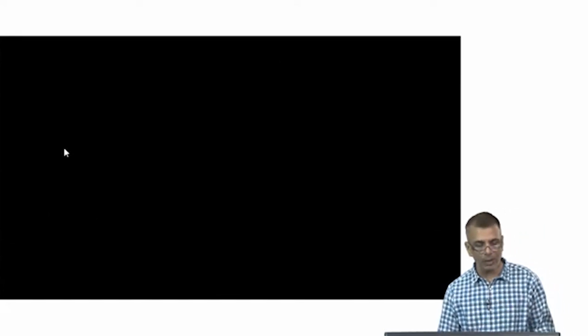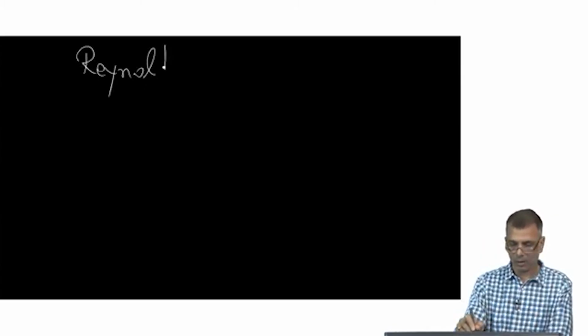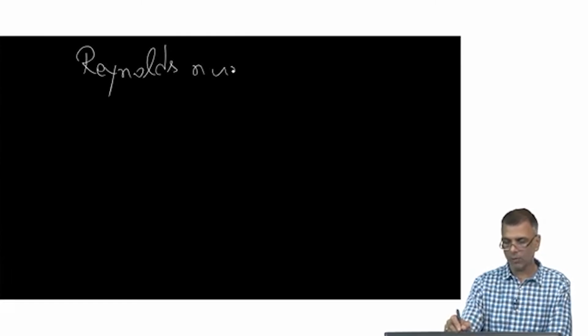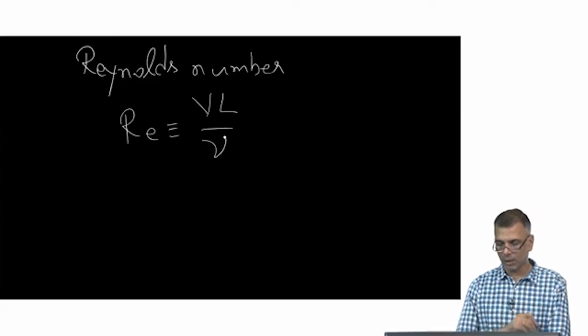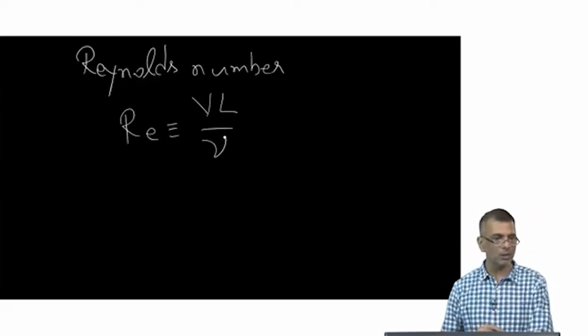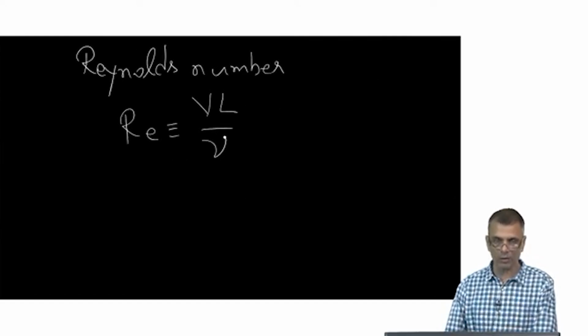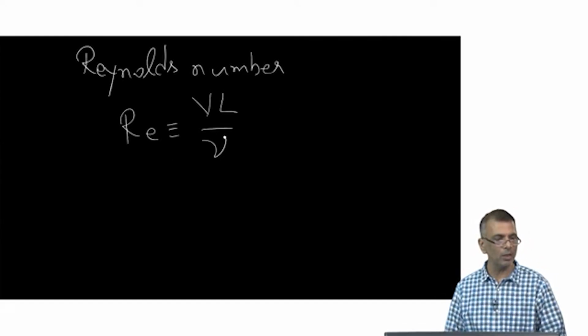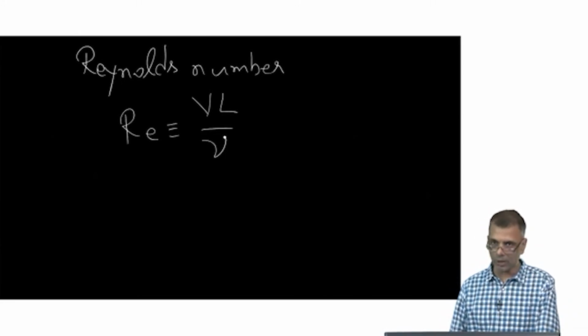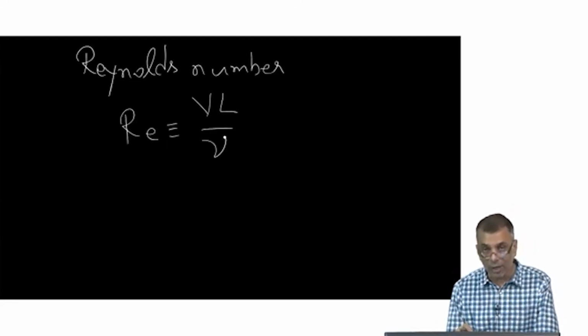So let's talk a little bit more about the Reynolds number, which is arguably one of the most important dimensionless numbers for astrophysics. As we said earlier, it's given by the ratio of the inertial term to the viscous term. Essentially this tells you whether or not viscosity is important. If the Reynolds number is high, viscosity is relatively unimportant, and vice versa.